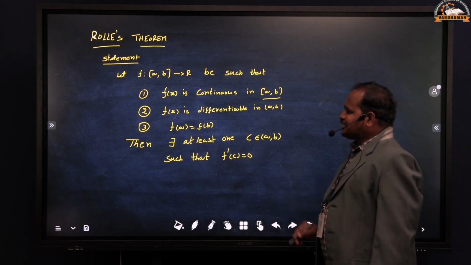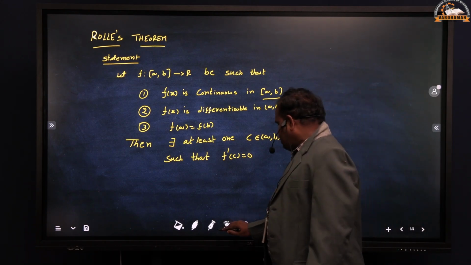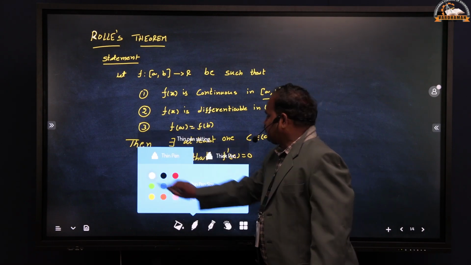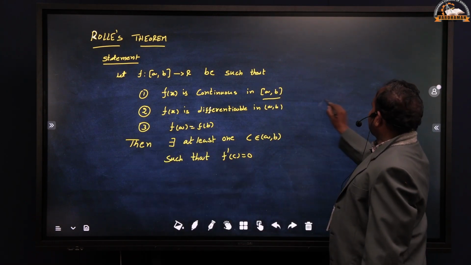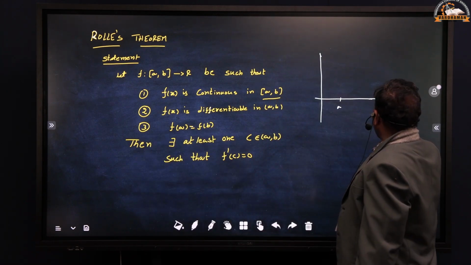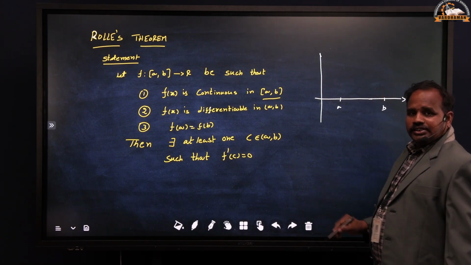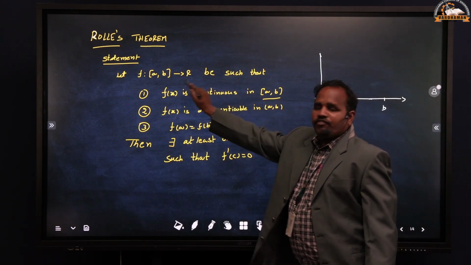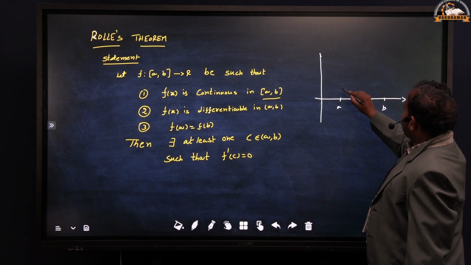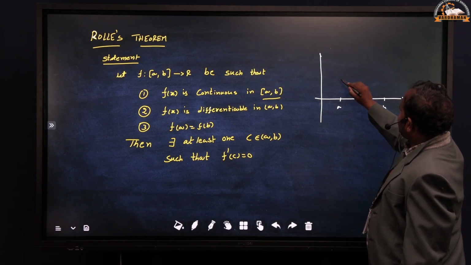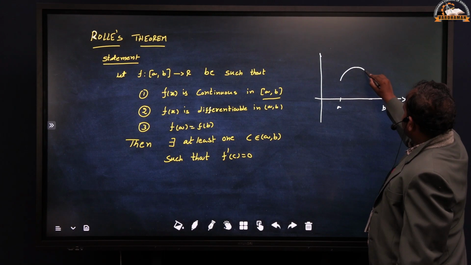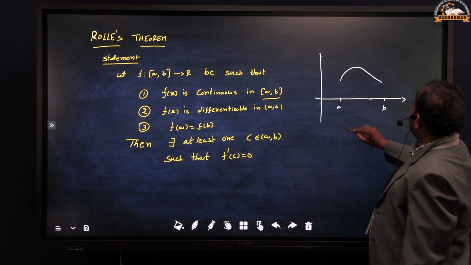Now I am giving the description of Rolle's theorem. Here this is our graph with the interval [a, b]. In this interval we define a function f. For example, it is starting here, and this is our function existing like this.